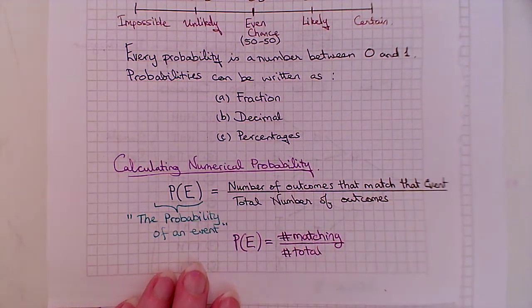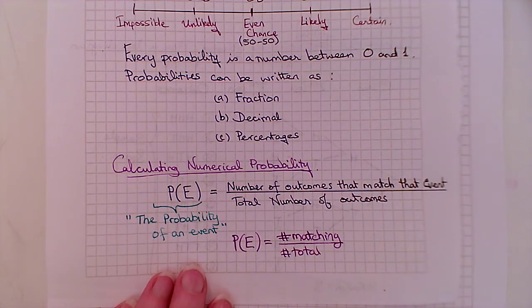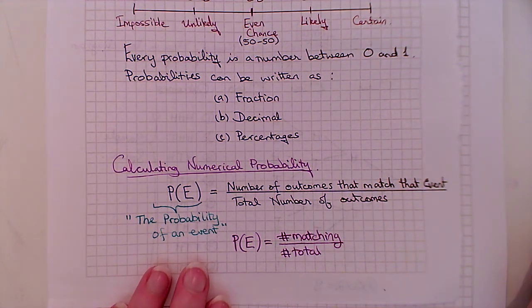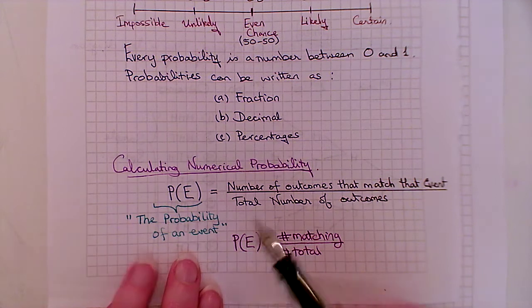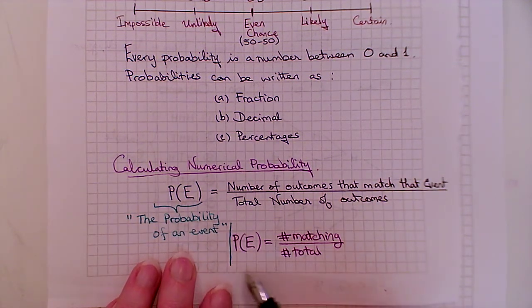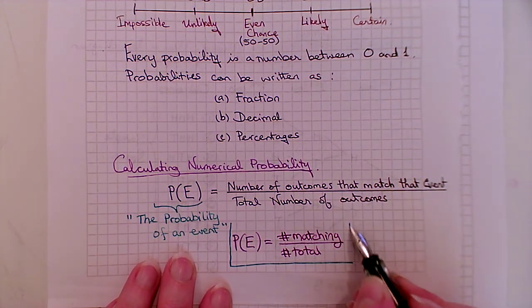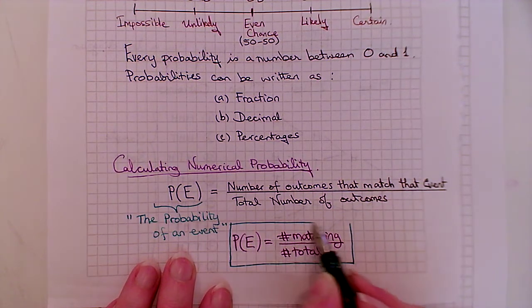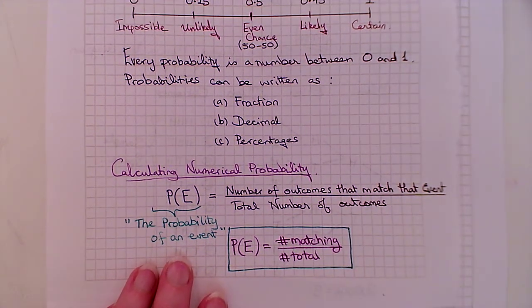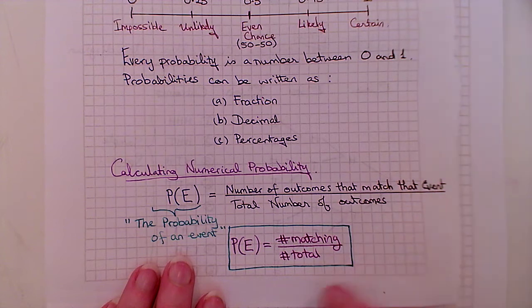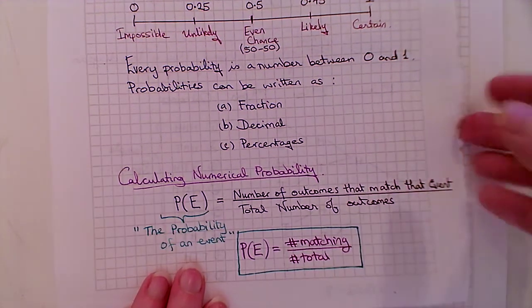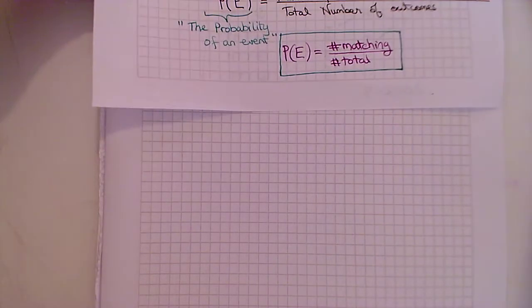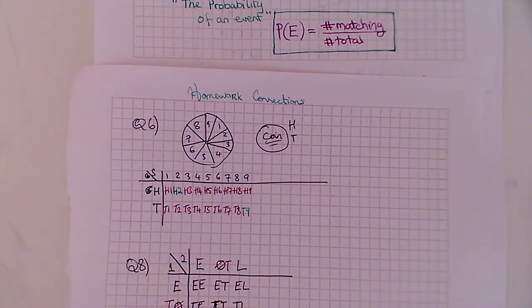So that hashtag symbol there, the cardinality symbol, as we remember from sets, means the number of things. So it's the number of outcomes that match our event divided by the total number of outcomes, the size of the sample space. Let's do an example to show what that means. So I'm going to keep that there for us to see.